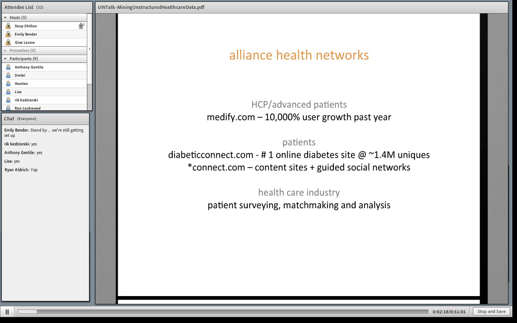Those are online discussion forums with some guided health folks who help people address some emotional needs as well as seek an online support community. And then the largest part of our business is a matchmaking service between patients seeking advanced treatments, devices, or pharmaceuticals.